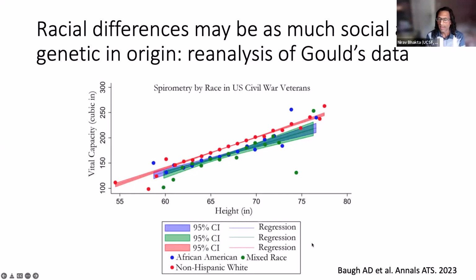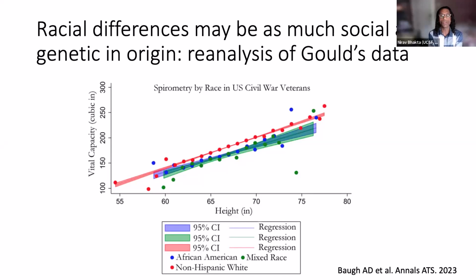Dr. Baugh, who's a speaker here today, many years later, had a very interesting idea to reanalyze this data and posited that if genetics were a driving factor for the differences in lung function between racial and ethnic categories, then you would expect people who identified as mixed race and who could have very little African American ancestry in them, but by the standards that we know in the United States at that time, and unfortunately in some cases true in many places today, that even with a little bit of African American ancestry, people would more likely have experienced social and environmental influences that were more like people that identified as African American and would be labeled as African American than people who would identify as white.